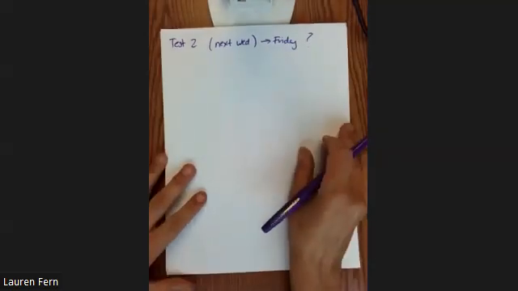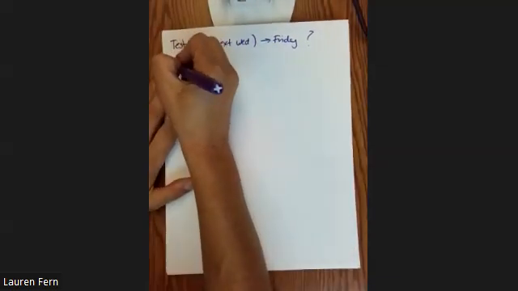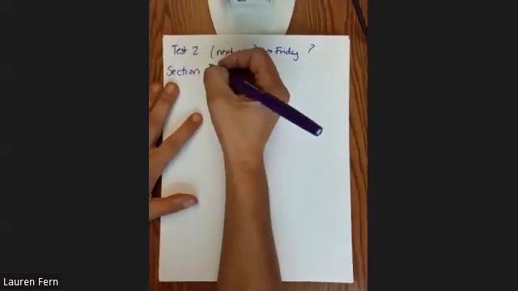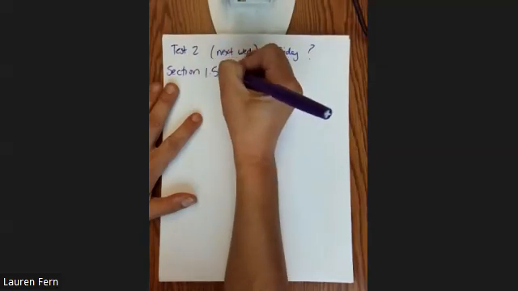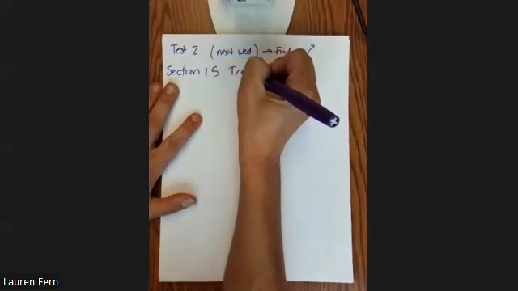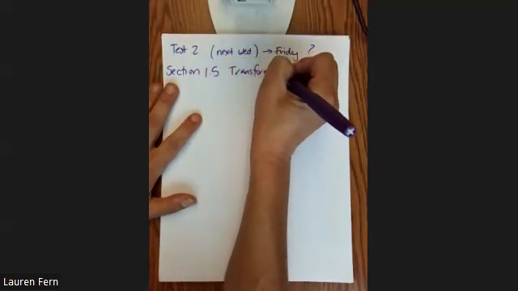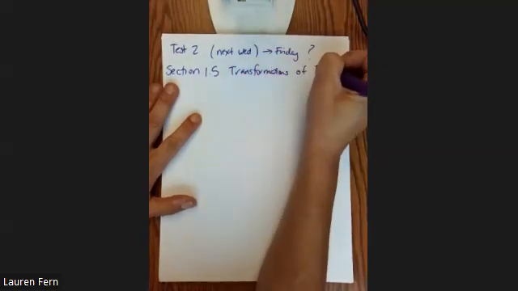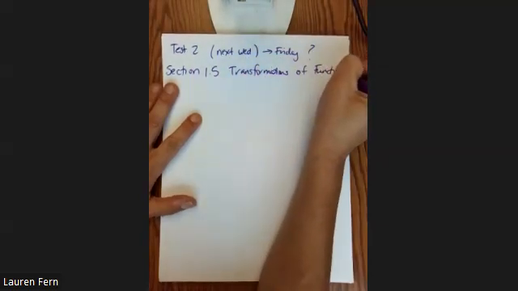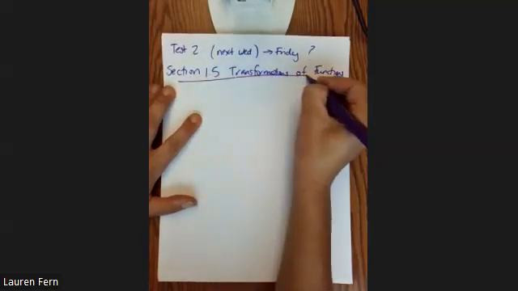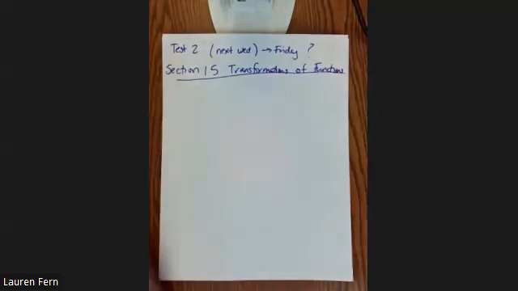All right. So this next section, 1.5, is called transformations of functions. As I mentioned at the start of the class, this semester, in chapter 1, we're really laying the basic groundwork for all functions.